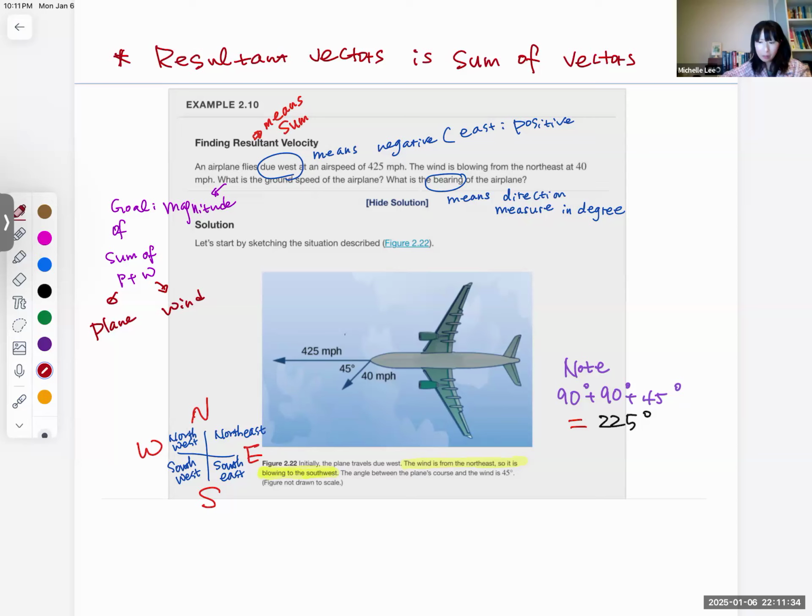What is the bearing of the airplane? It means direction. We're going to measure in degrees because the original question is in degree mode, in angle. Okay, let's do it.